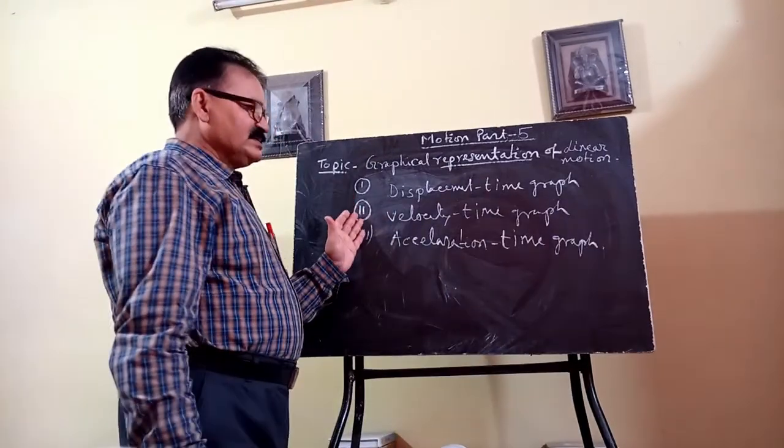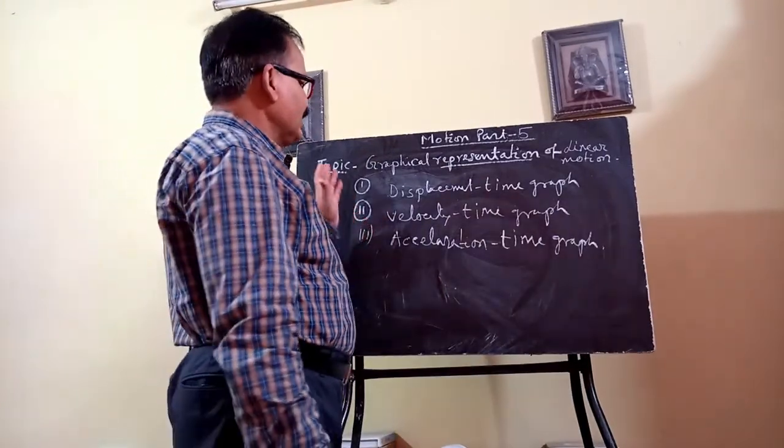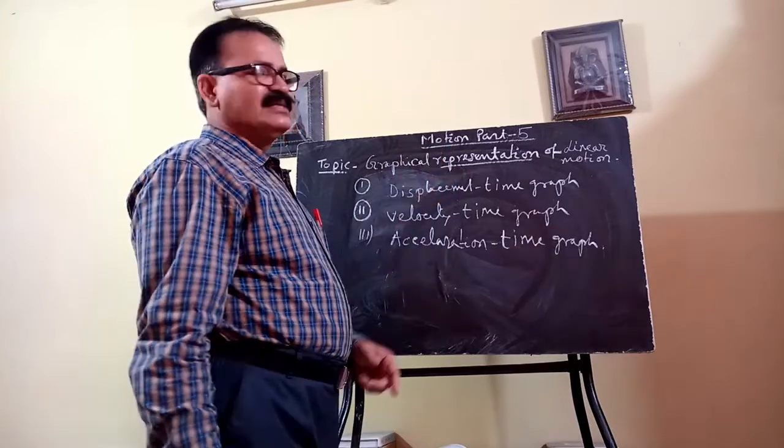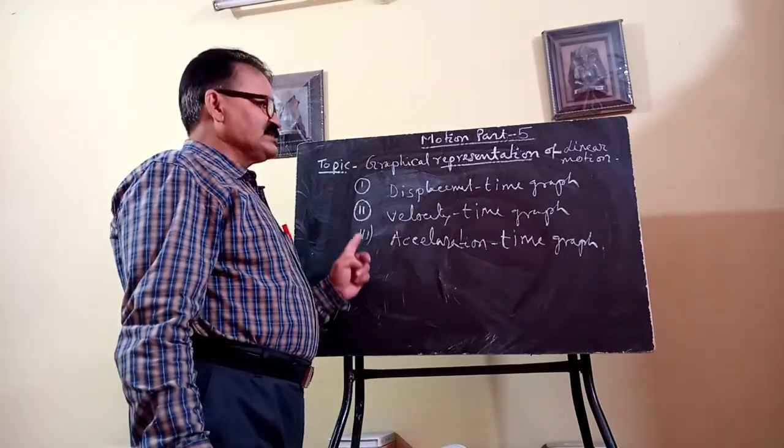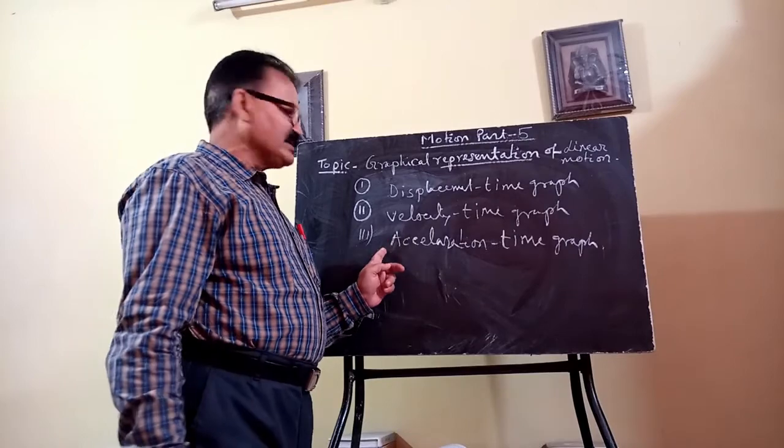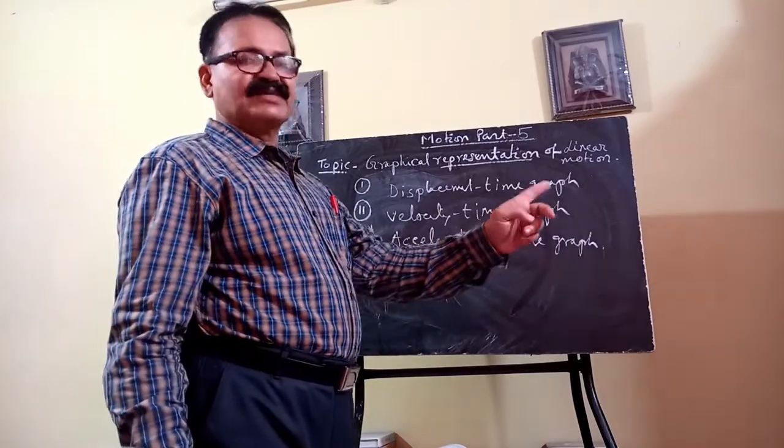So these are the three types of graph that we can use to represent linear motion: displacement time graph, velocity time graph, and acceleration time graph.